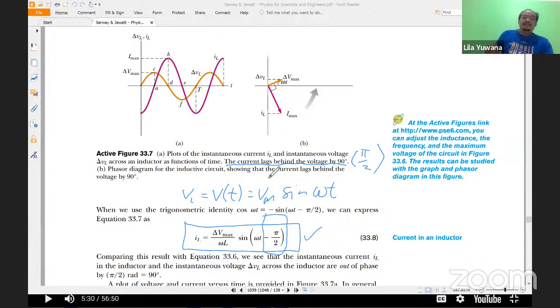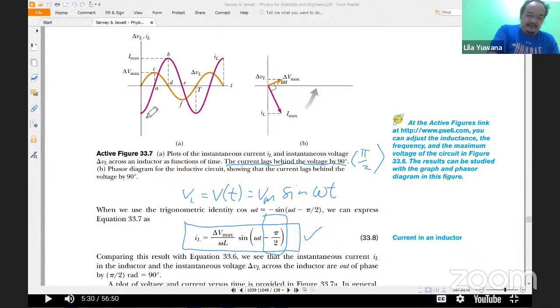You can see in this graphic, the voltage starts from 0 and then goes to the maximum point.